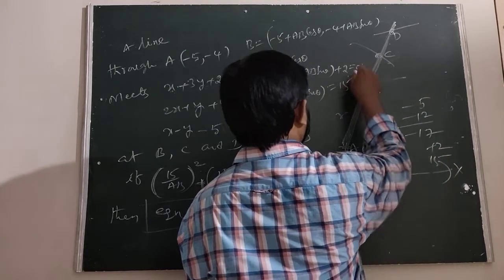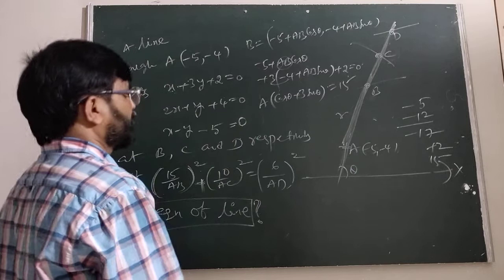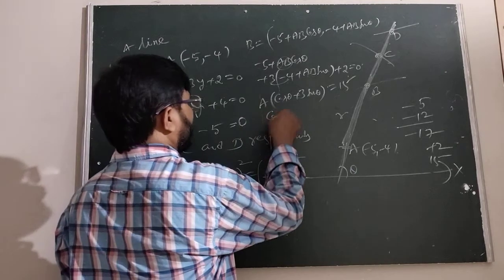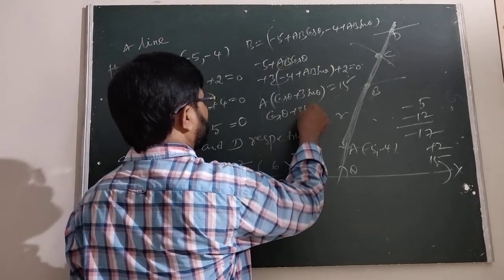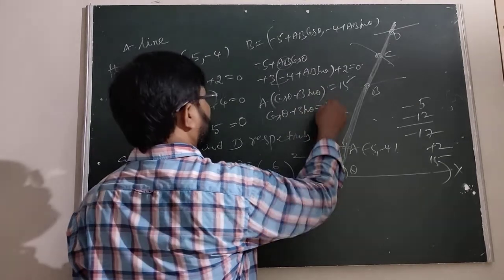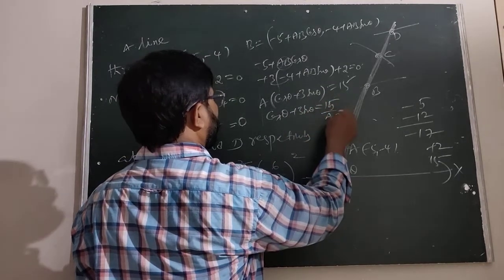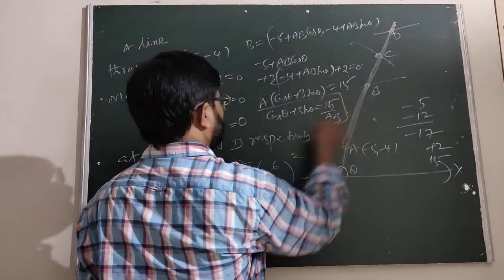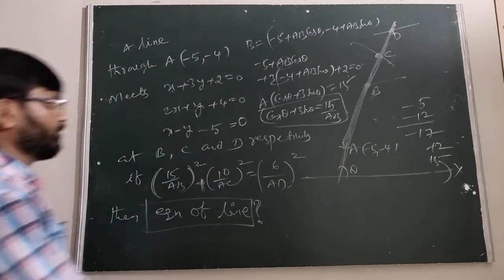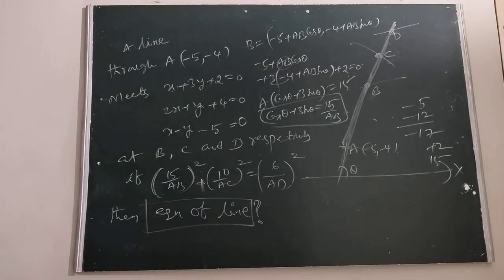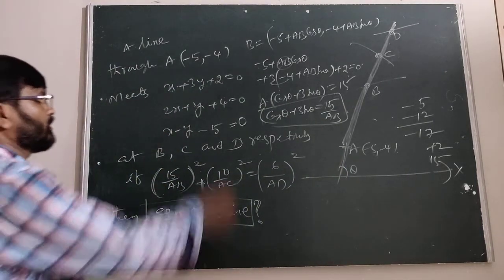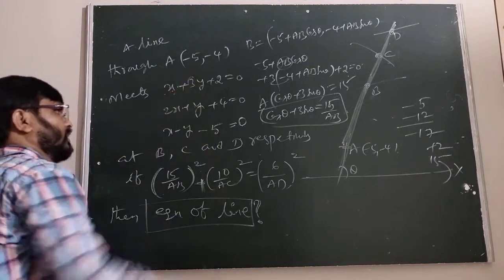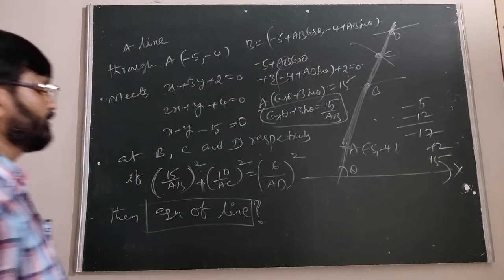Sending it to the other side, plus 15. Therefore, we get cos theta plus 3 sin theta equals 15 by AB.